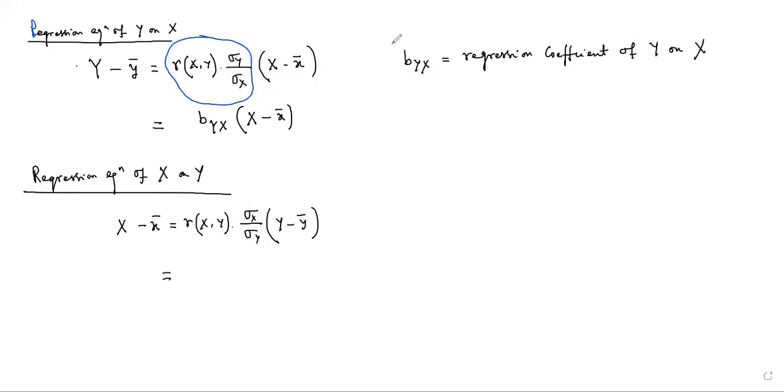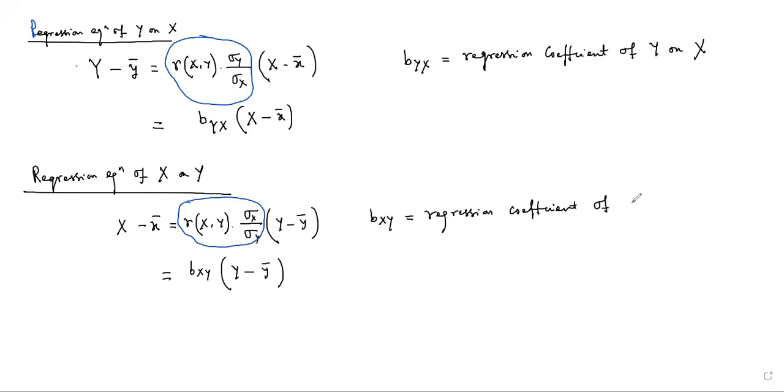This coefficient that I am marking over here is actually called bxy. So here bxy is equal to the regression coefficient of x on y.